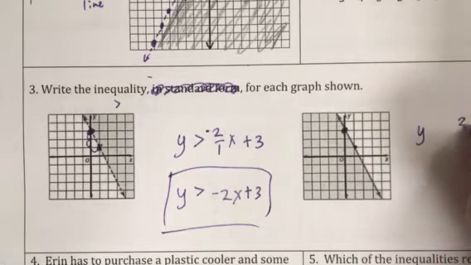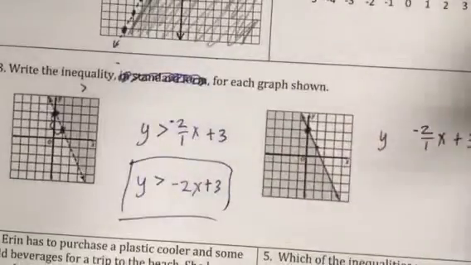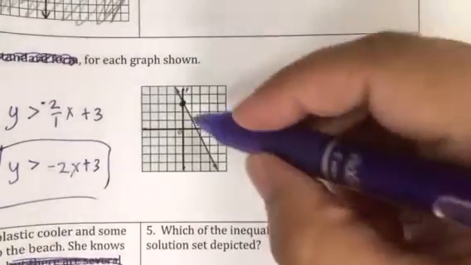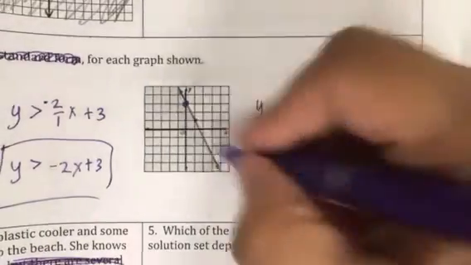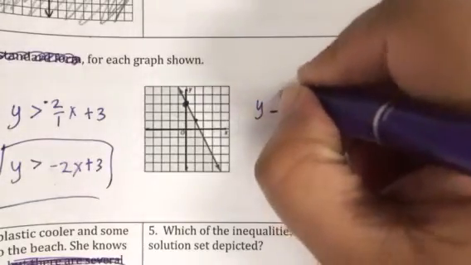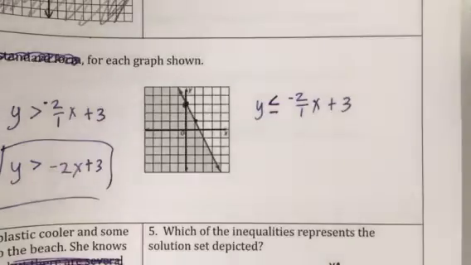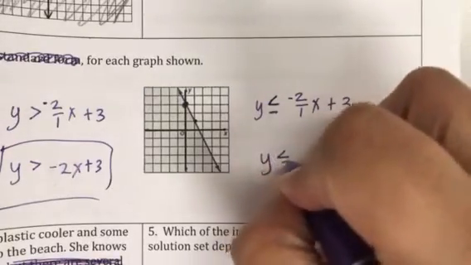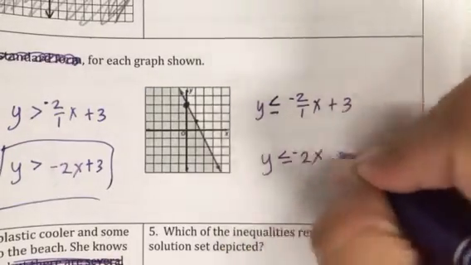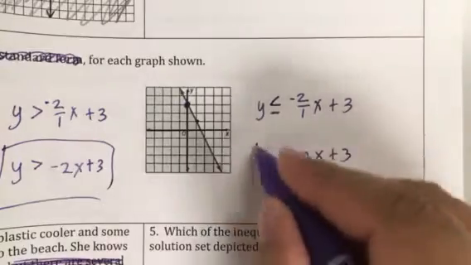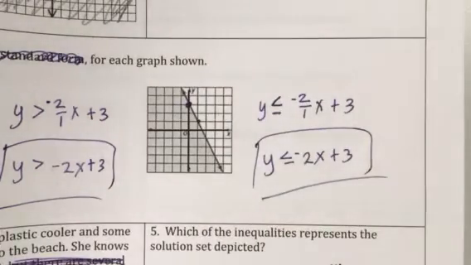So our slope is still the same, but our inequality changes. Here there's a solid line, so you need the inequality that has a solid line, and you need a less than because it's below. So our inequality is y less than or equal to negative 2x plus 3.